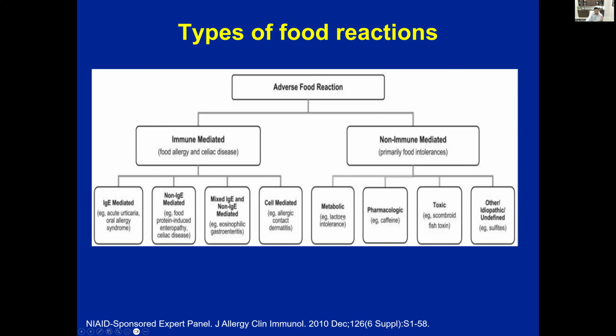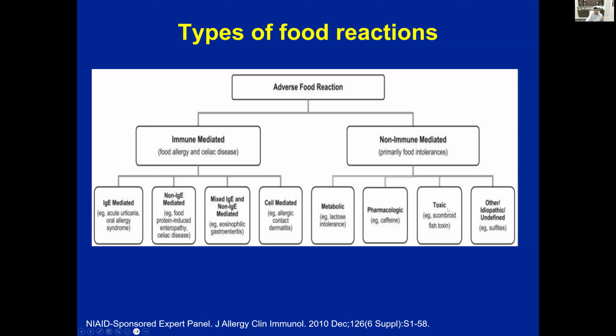It could be metabolic, like lactose intolerance or fructose intolerance. It could be the effect of the food itself, like a pharmacological effect, like caffeine. A lot of people get jittery, can get diarrhea with too much caffeine. That's not a food allergy. It could be food poisoning, like scombroid.